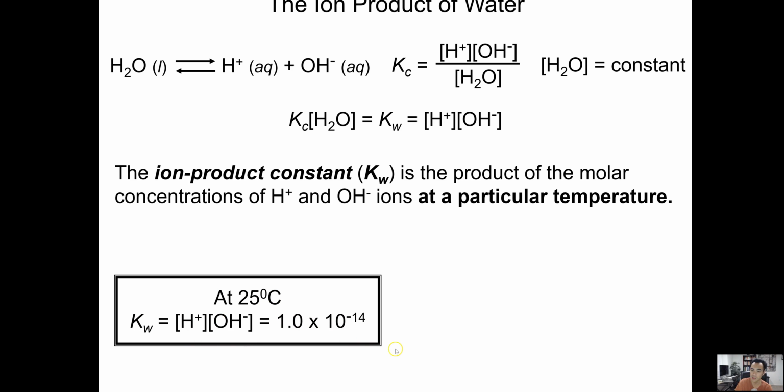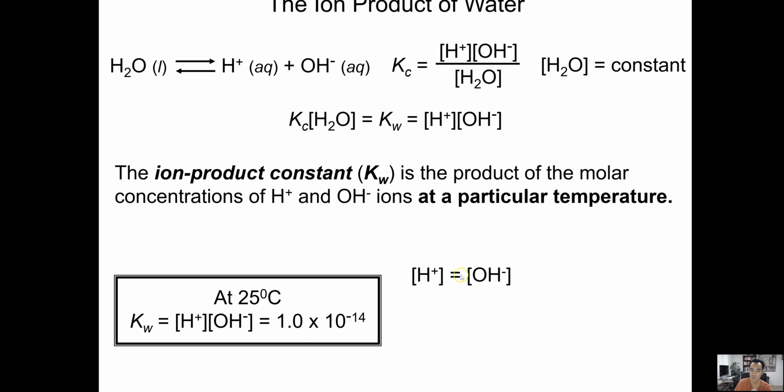Now the answer for Kw is 1.0 times 10 to the negative 14. That basically says that in an aqueous solution, for anything that you're putting into water, you're going to have this balance of pH. And obviously if that hydronium or hydroxide concentration shifts, you should still get a total of 1 times 10 to the negative 14.